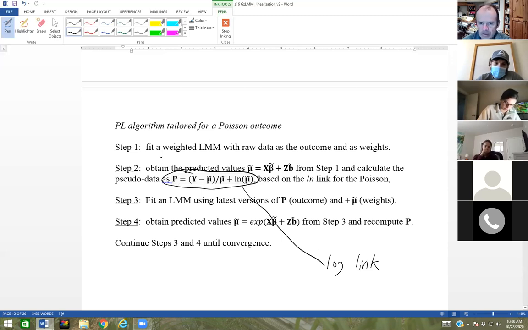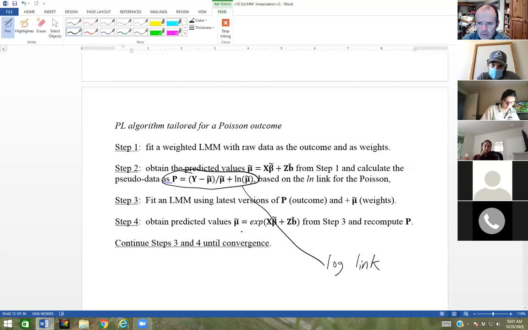Okay, so in our process, it's iterative. We get initial values in step one, and we get these initial predicted values for the model. We create the pseudo data based on this log link, and then we fit that pseudo data in a linear mixed model, and we get new values of our pseudo data and the weights, which is going to be important for the variance.